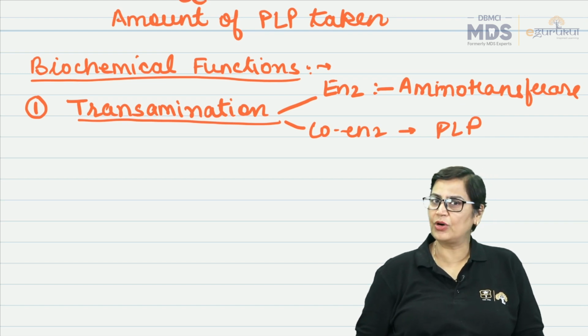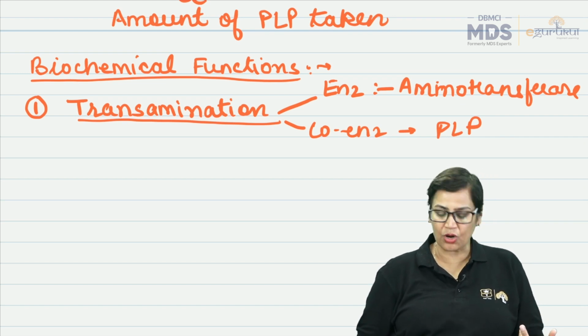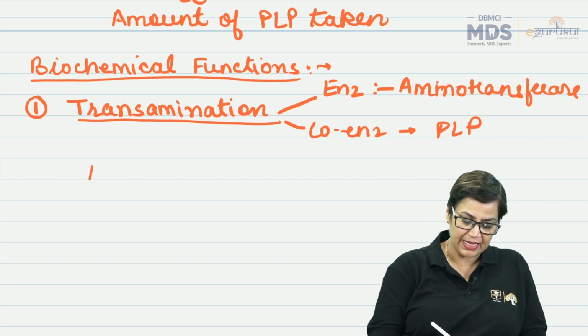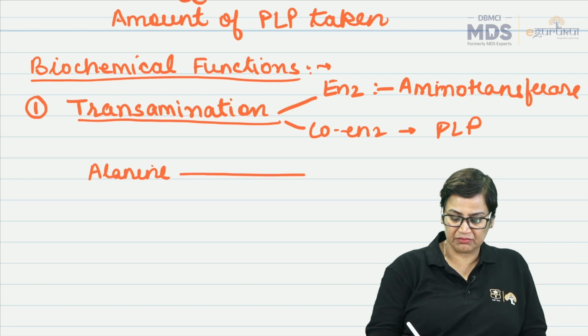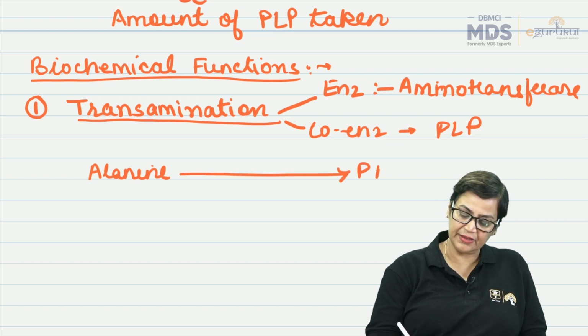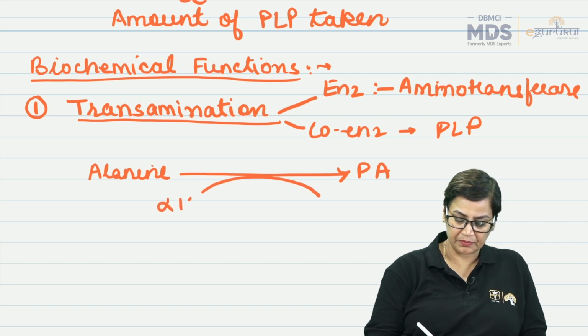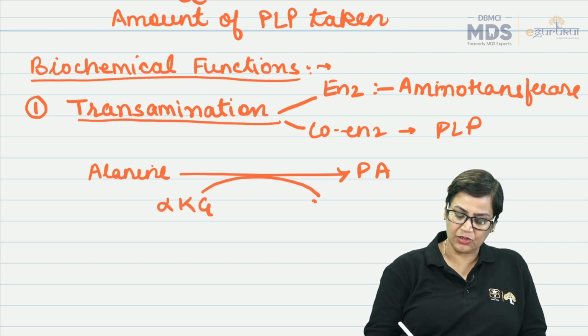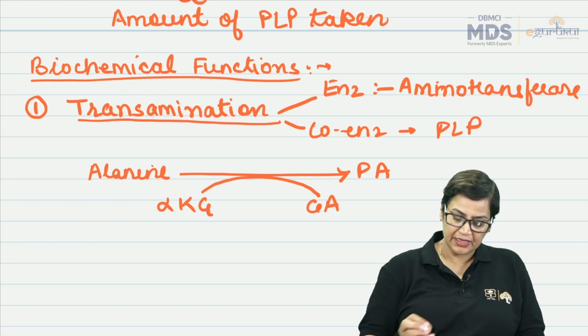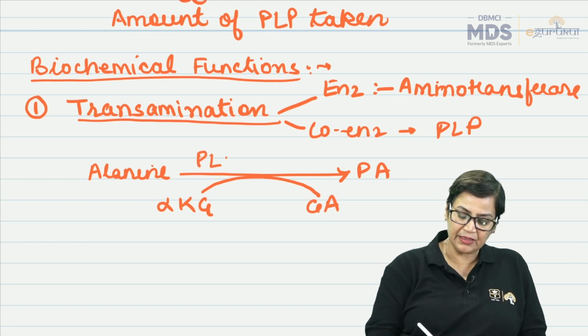And the most important two reactions of transamination, one is alanine forms pyruvic acid, and glutamic acid. Here PLP is the coenzyme and aminotransferase is the enzyme.